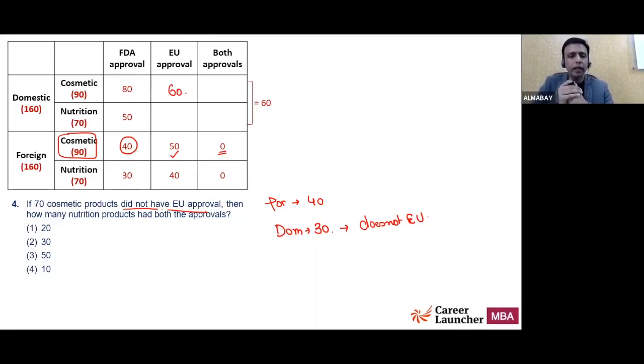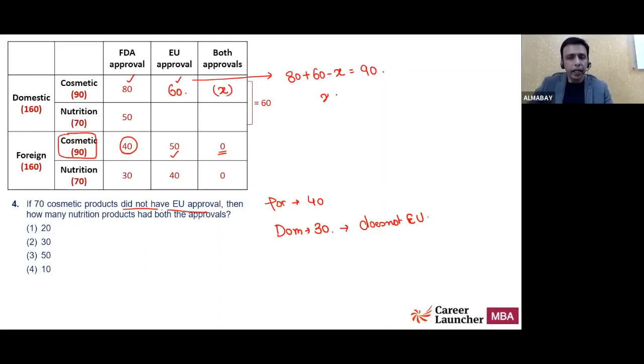Now what is it asking is then how many nutrition products have both the approvals? Now logically understand here 80 had FDA approval, 60 had EU approval. Assuming this to be X, by simple rule of set theory, 80 plus 60 minus X should have been the total domestic cosmetic products.